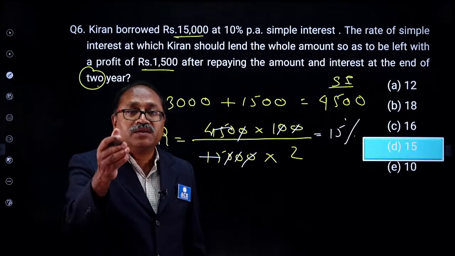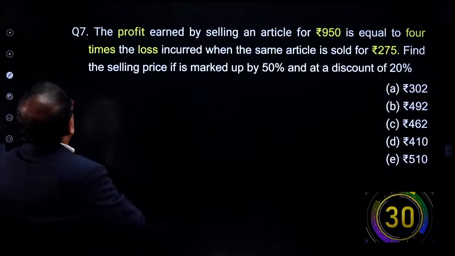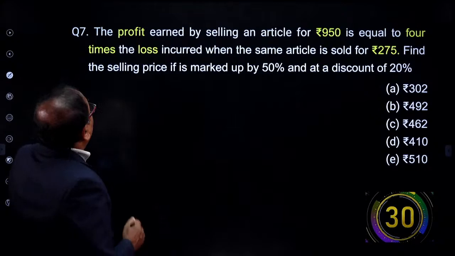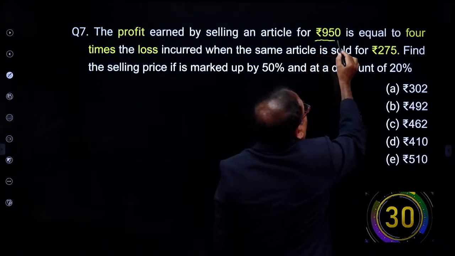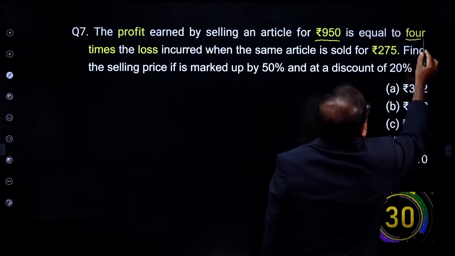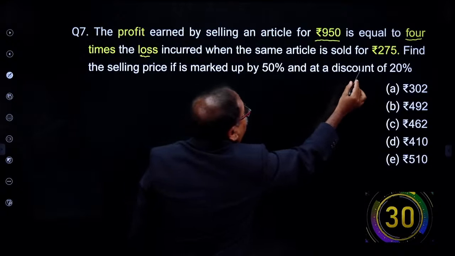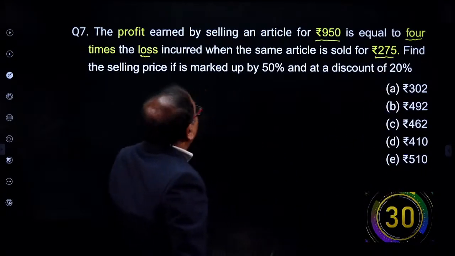The next question on the board is this. Here, it is about profit and loss. The profit earned by selling an article for rupees 950 is equal to 4 times the loss incurred when the same article is sold for rupees 275.